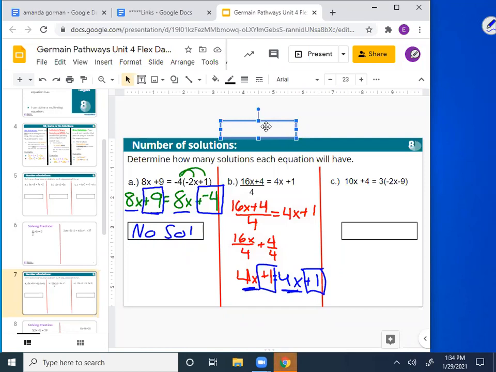Let me show you what that would have looked like if we had done what Billy said. We would have multiplied by 4. Putting it into parentheses.